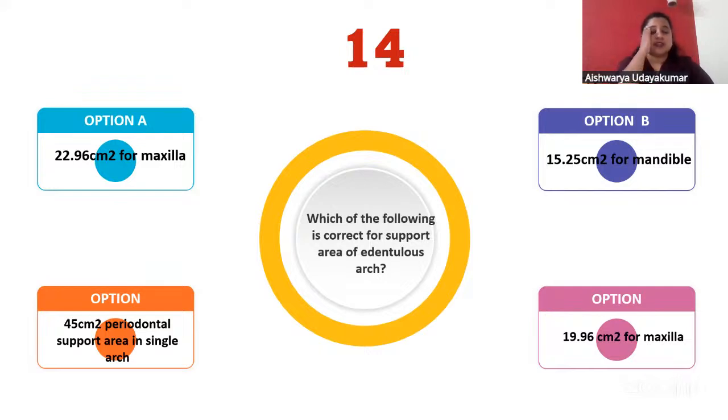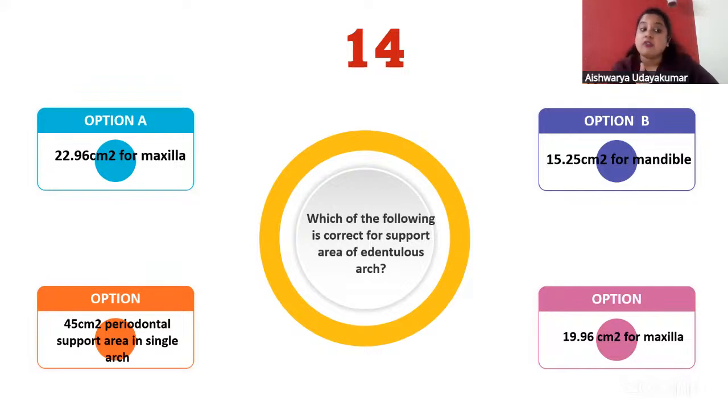I know you have been remembering a lot and it's taxing for you, but still, for maxilla and mandible there is a typical number for the correct support area available. If you don't remember, it's easy. It's 22 and 12, a difference of 10. So in these options, you can see it's 22 for a maxilla, 12 for a mandible.